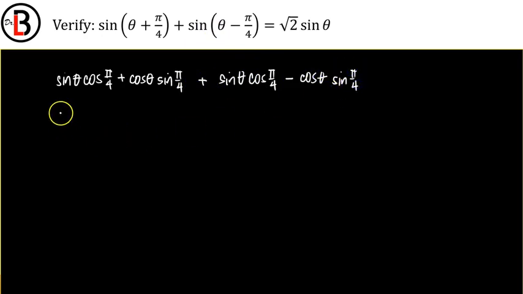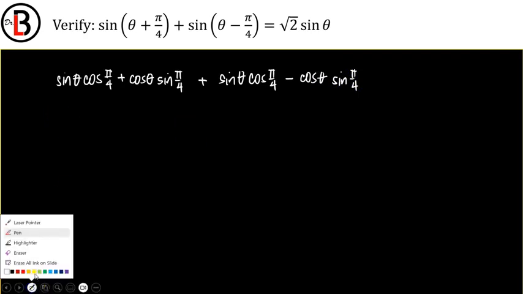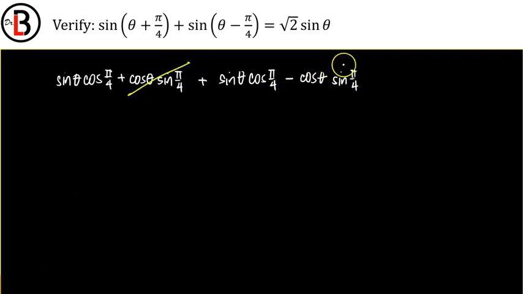So in here, maybe we can already look at what we can cancel. So we can actually cancel the second and the fourth terms. And then now you'll notice that you have a pi over 4. So pi over 4 again is a 45, 45, 90 triangle. So let's just label the sides 1, 1, square root of 2.